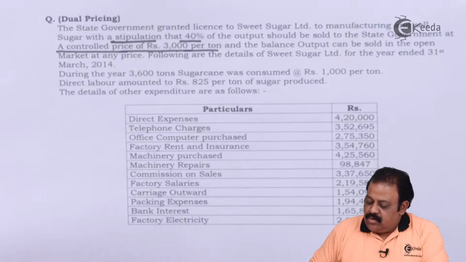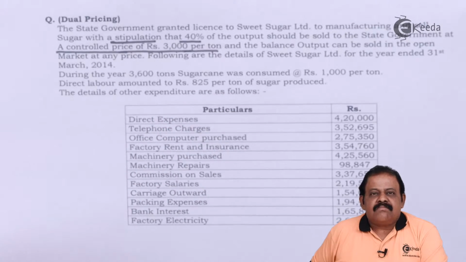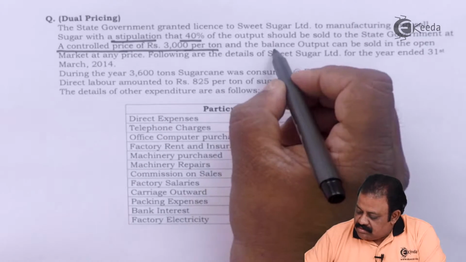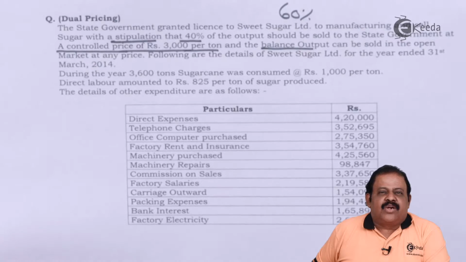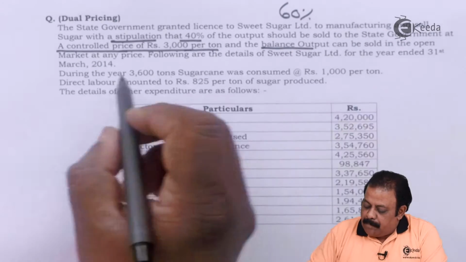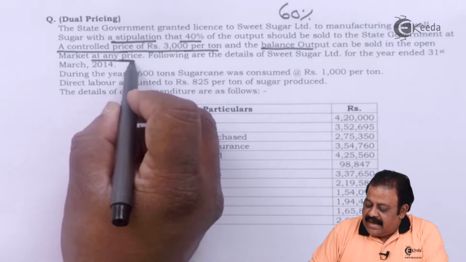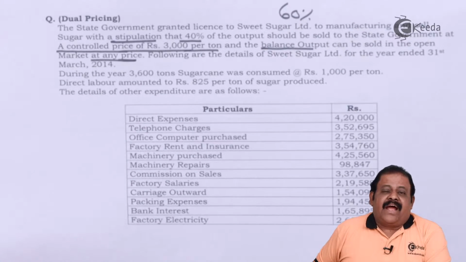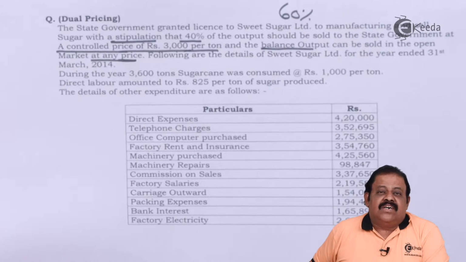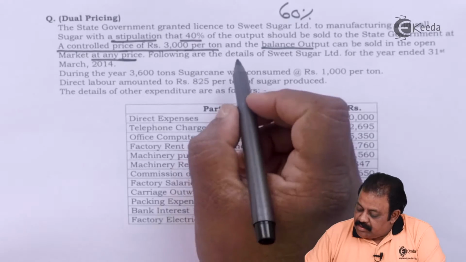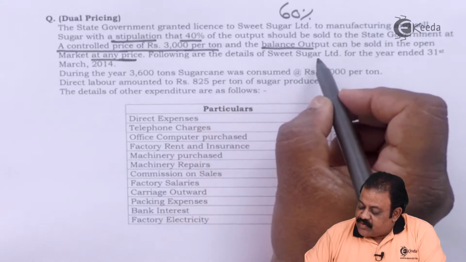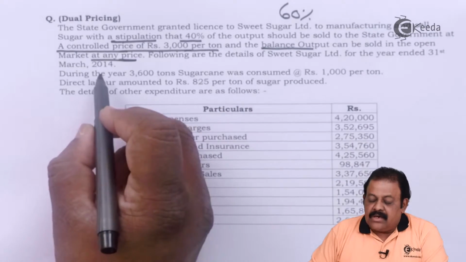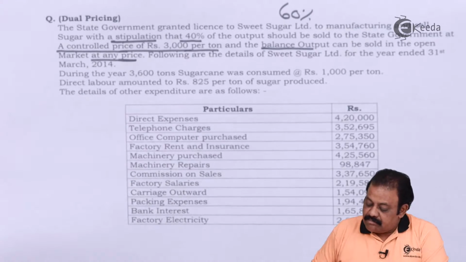So it is given rupees 3000 per ton, and the balance 60% of the output can be sold in the open market at any price, that is, at the wish of the manufacturer. Following are the details of Sweet Sugar Limited for the year ended 31st March 2014.